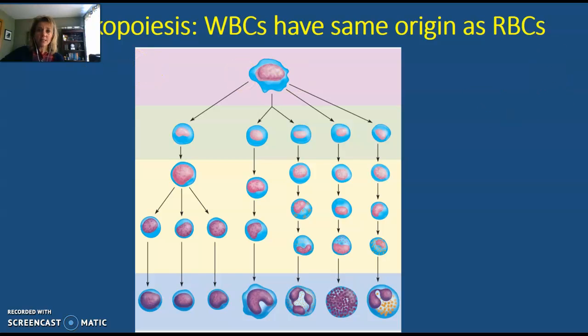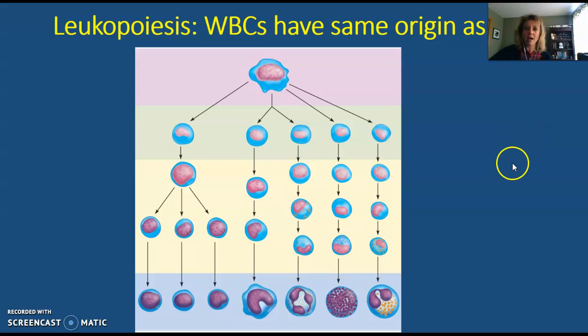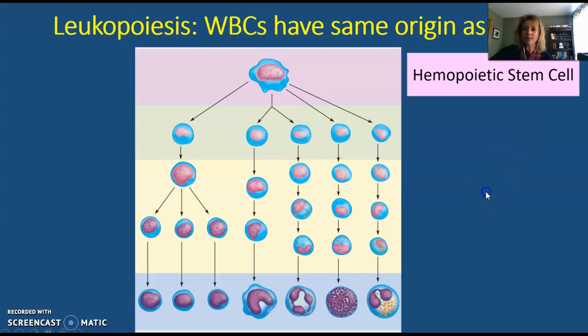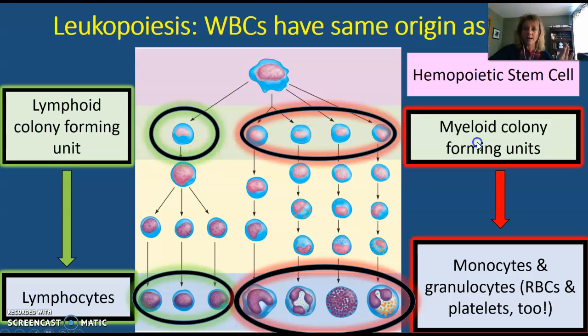All right, so this is kind of a nice to know thing, but white blood cells have the same origin as red blood cells, so they're all going to start off as hematopoietic stem cells. This is happening in the bone marrow, and then from there, the hematopoietic stem cells are going to form what's called colonies. The lymphoid colony is kind of separate and different from the myeloid colony.